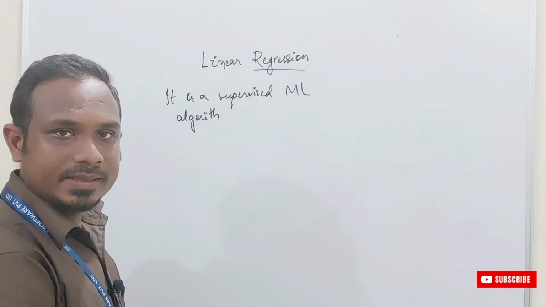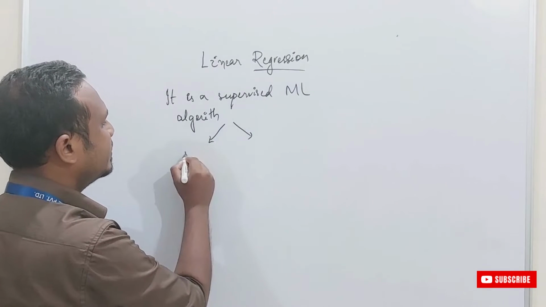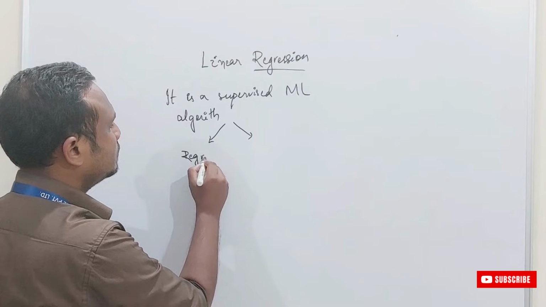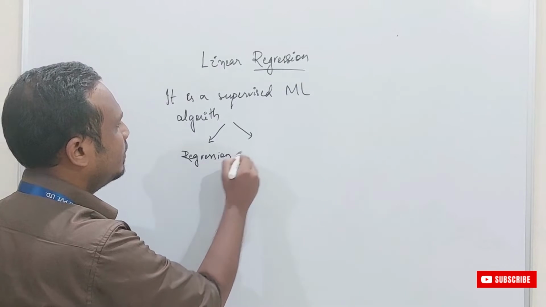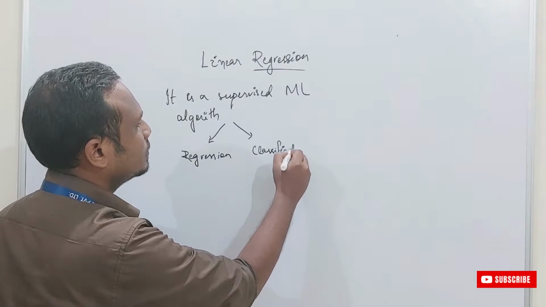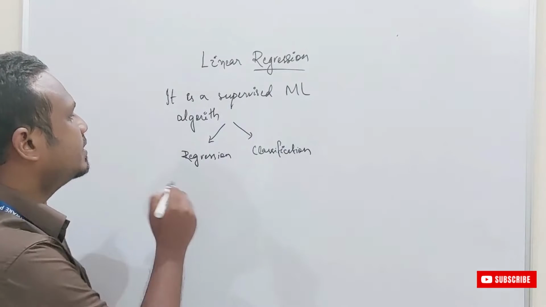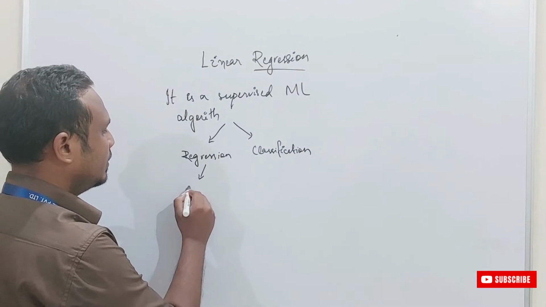Under supervised machine learning algorithms, we have two kinds, that is regression and classification. So linear regression is a part of regression algorithms.